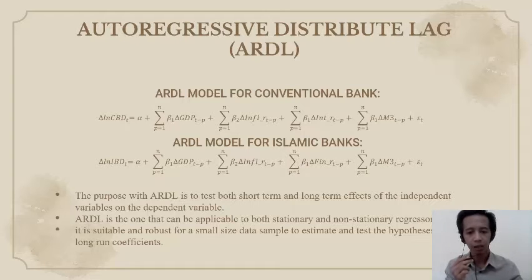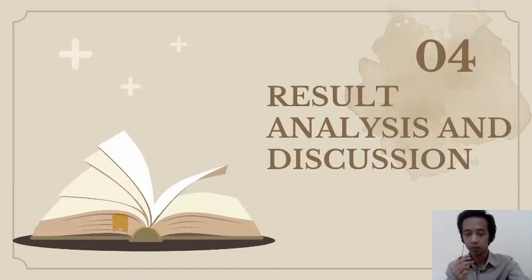ARDL can be applied to both stationary and non-stationary regressors, as it caters to different levels of stationarity through lags. It is suitable and robust for a small sample size to estimate and test hypotheses on the long-run coefficient. Next, we will proceed to chapter 4, result analysis and discussion.